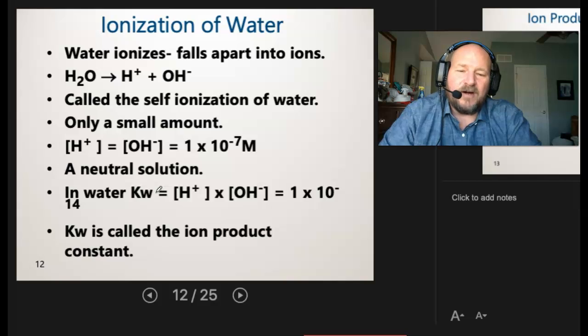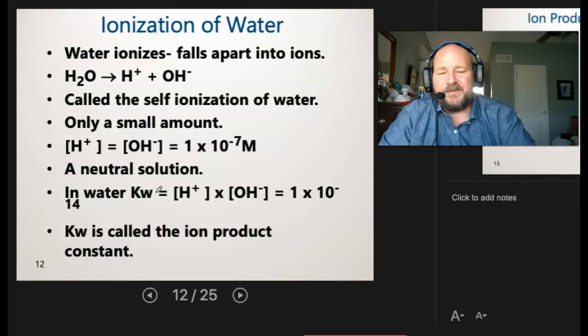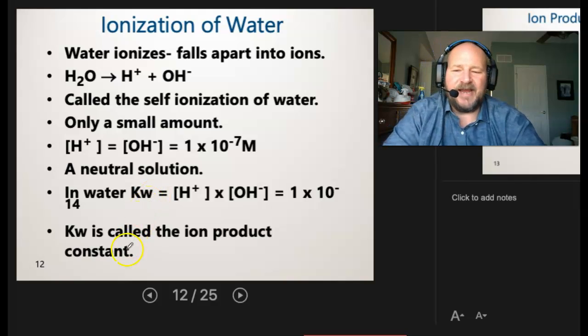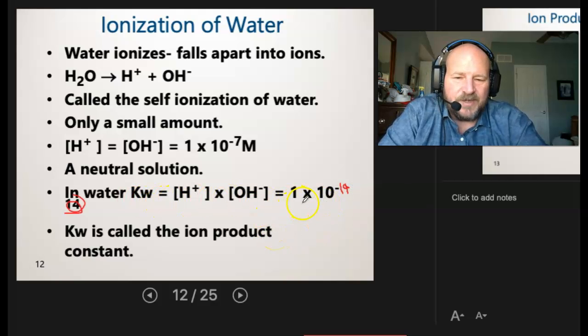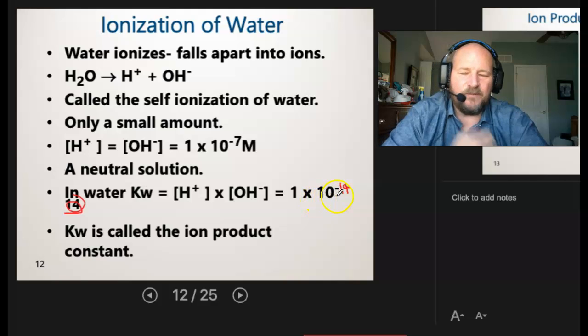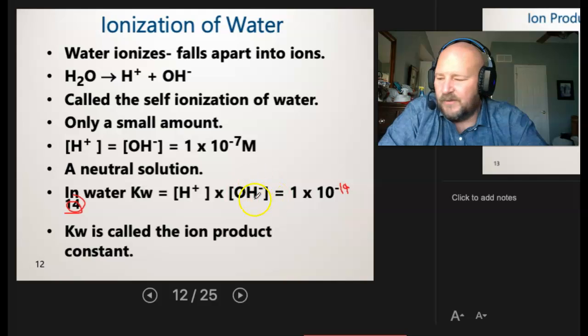The minute the water is the solvent, Kw has a set value, and that's always 1 times 10 to the negative 14. So if you can't tell, this belongs over here, and it is a superscript. Kw is always equal to 1 times 10 to the negative 14. That accounts for all the acid and all the base that may be in our solution.